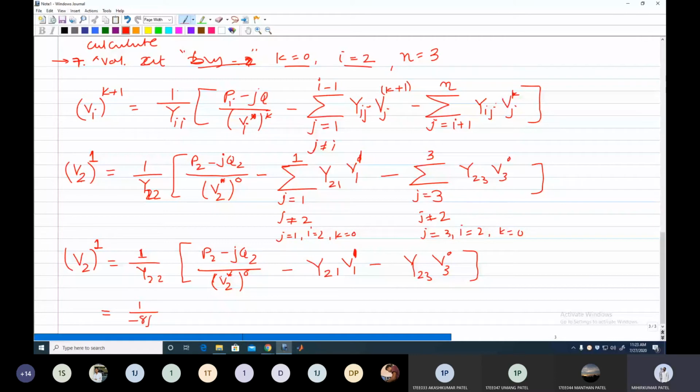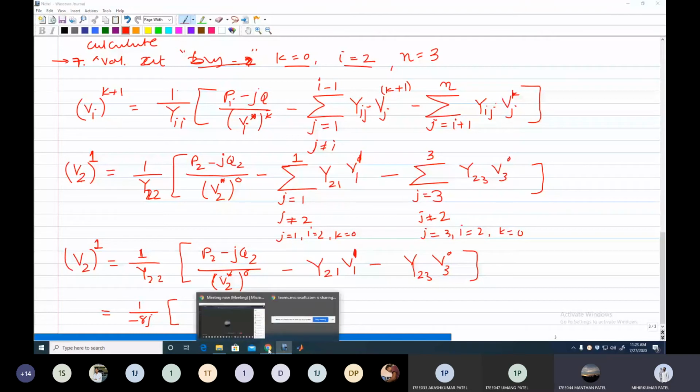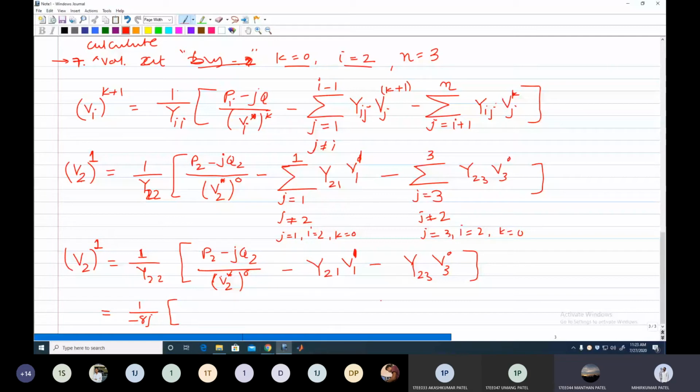What is the value of P2? Help me write down the values of each parameter. P2 is minus 0.25. Minus JQ2. What is the value of Q2? It is minus 0.10.